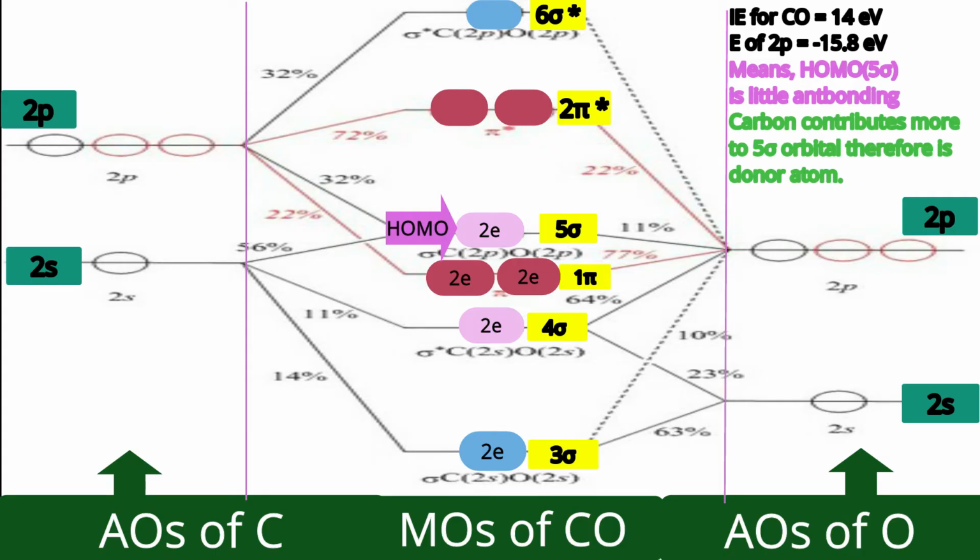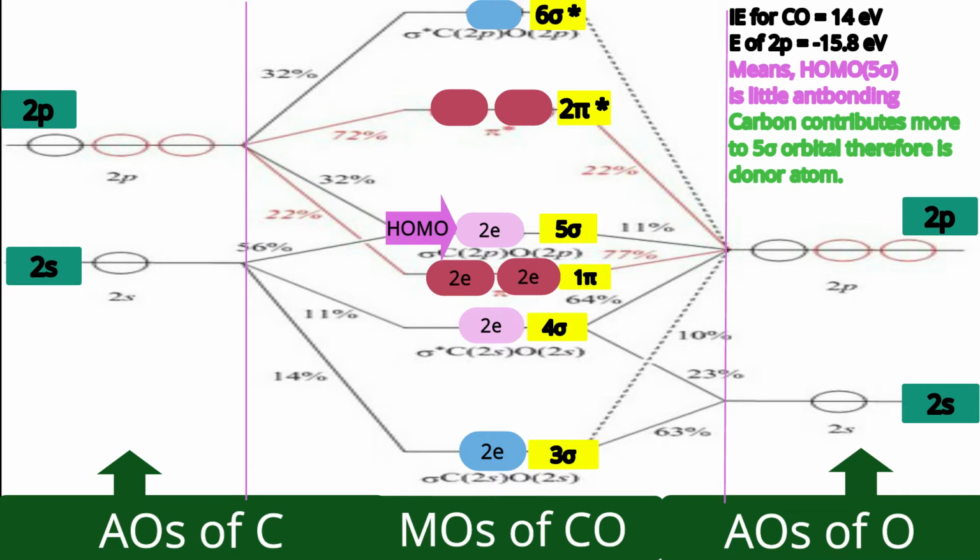Let us try to understand this slightly complicated MO diagram. If you observe neatly and pay attention properly, you can resolve the complications easily. See here, I have represented the outermost orbitals 2s and 2p from each atom, carbon as well as oxygen.